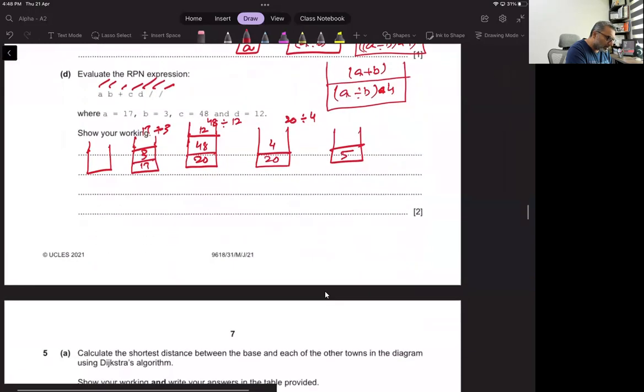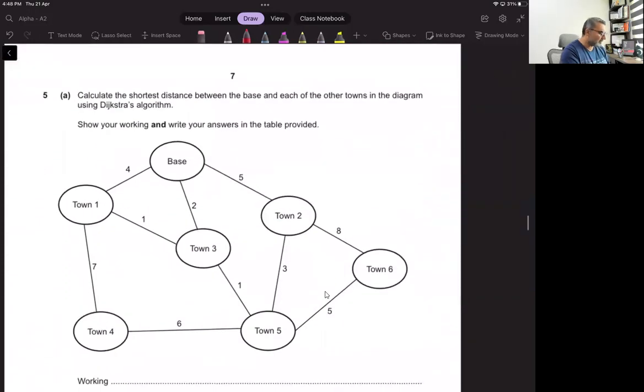Now, question number 5. This is about the graphs. Calculate the shortest distance between the base and each of the other towns in the diagram using Dijkstra's algorithm. Now you need to remember, I told you earlier that in Dijkstra's algorithm, you find the shortest path from the base to every other node around.